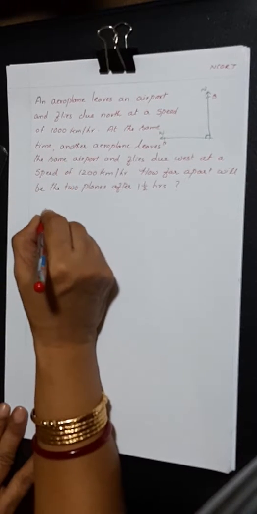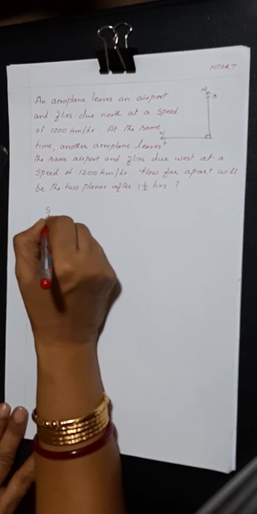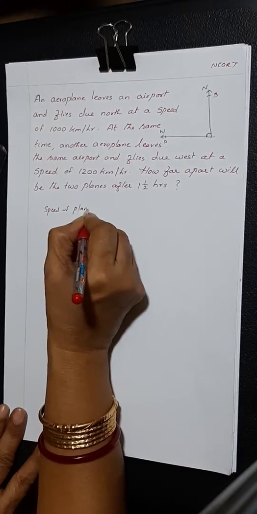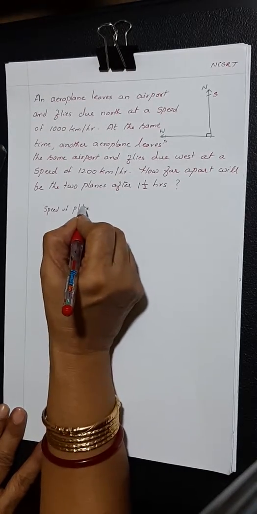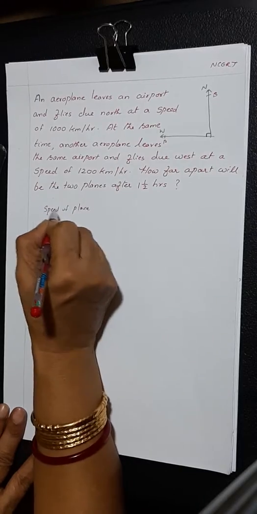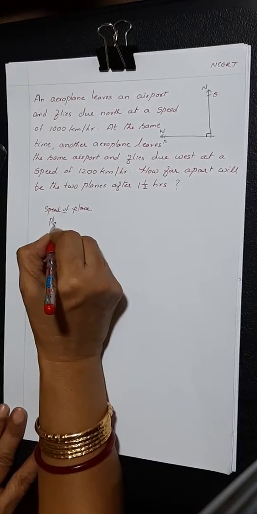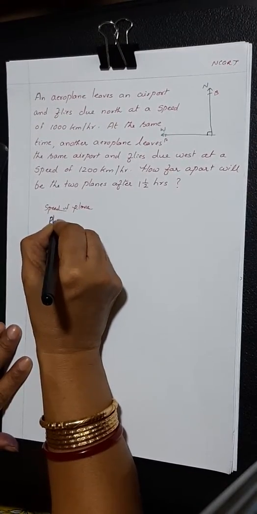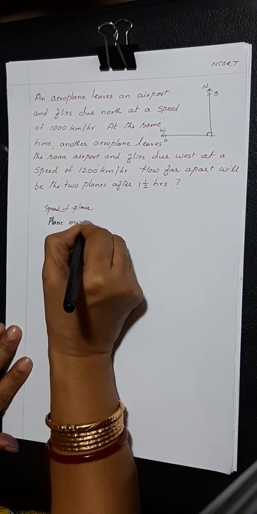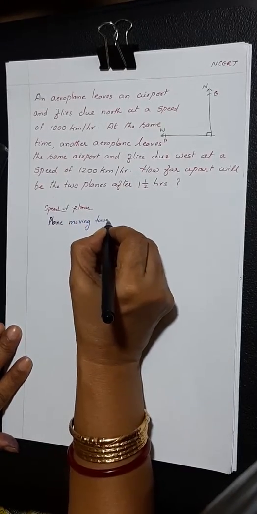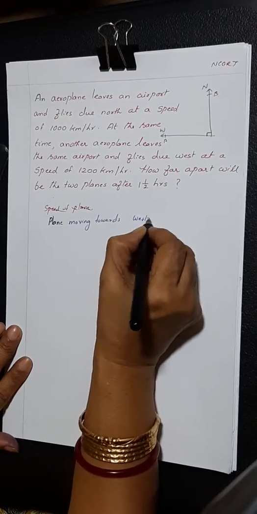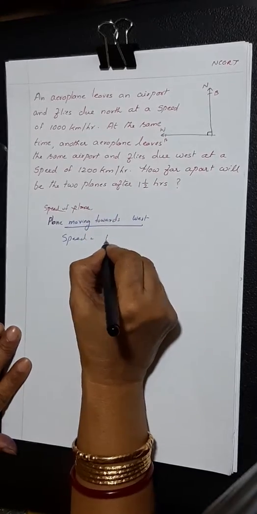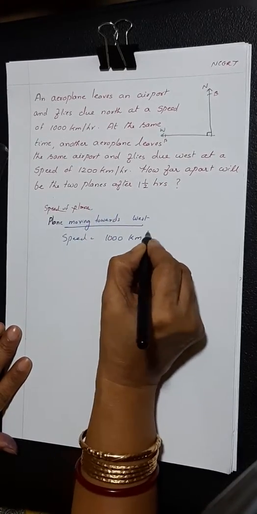Let us write. Speed of the plane moving towards west is 1000 km per hour.